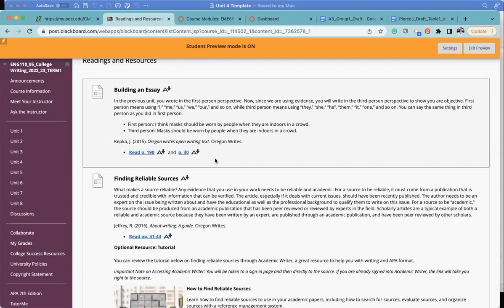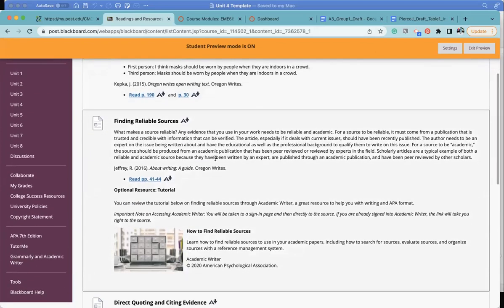Then in the second section, you've got information about finding reliable resources. And even though the resource that you're using this week is provided for you, we are going to be doing our own research starting in Unit 3. So this is good background for that. It's going to get you ready for that. So you have a reading.